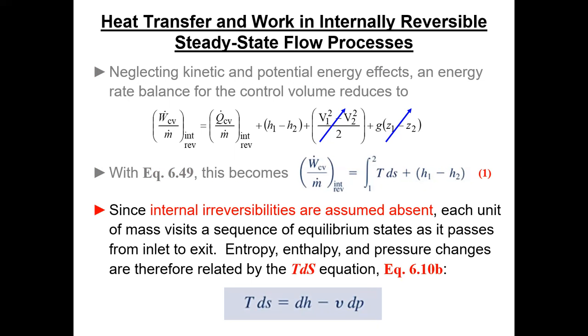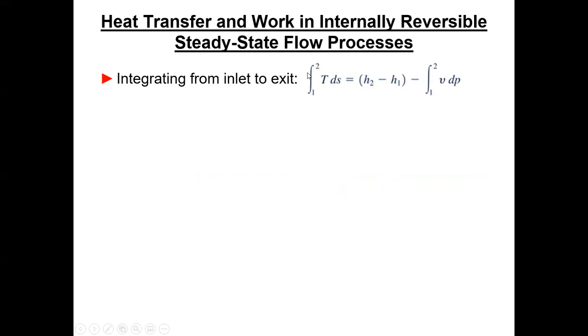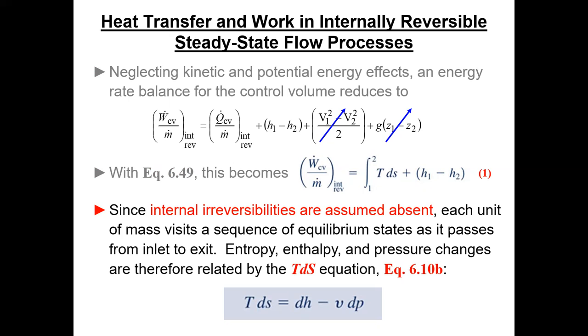And now we're going to substitute for this T ds from the other equation. So T ds is equal to h2 minus h1 minus the integral 1 to 2 of v dP. And notice when we put in that h2 minus h1, it's going to cancel h1 minus h2. So this is going to actually simplify for us.